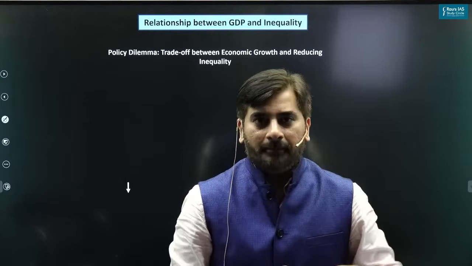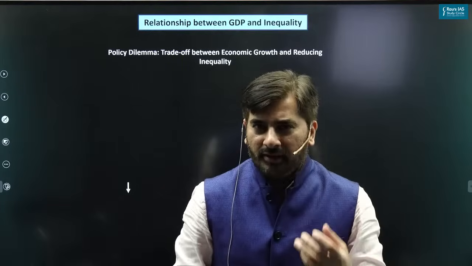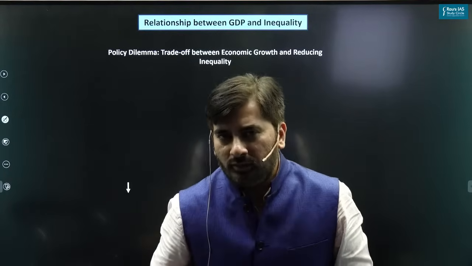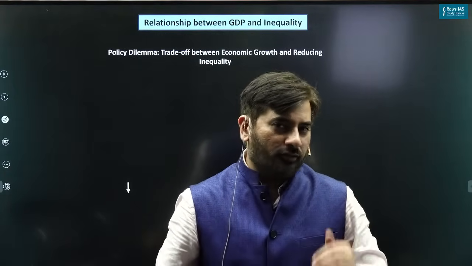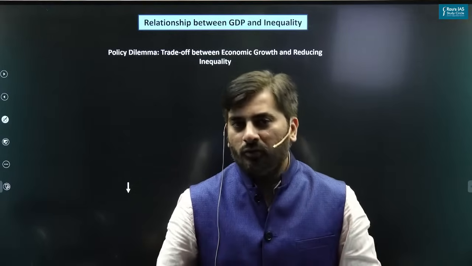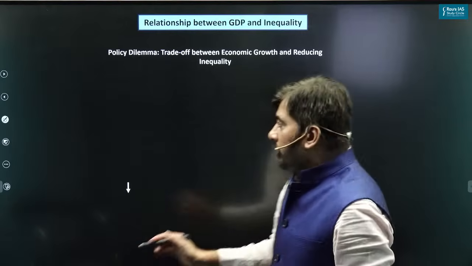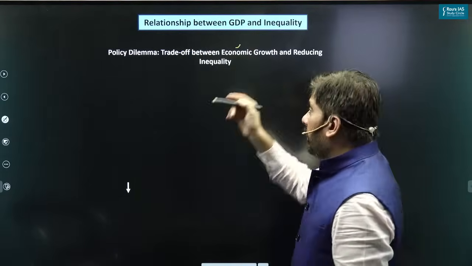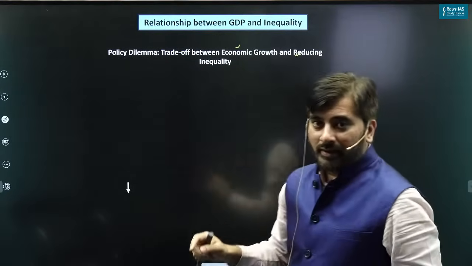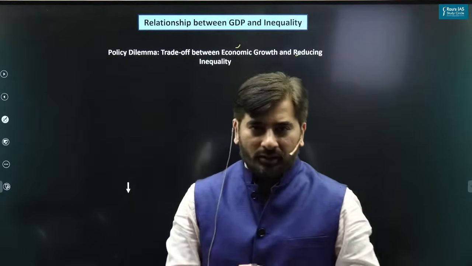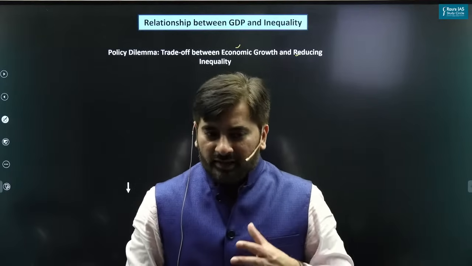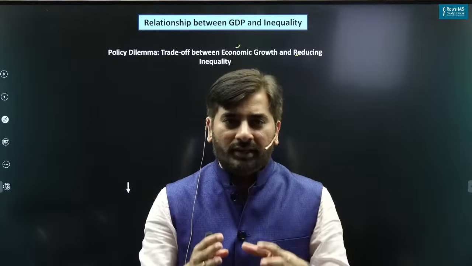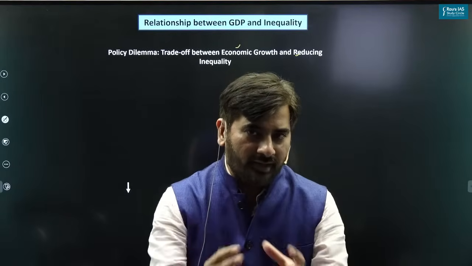A country has multiple objectives to be fulfilled. But the most important objectives before any country would be 2. Number 1, to increase the GDP growth. And number 2, to reduce the inequality.